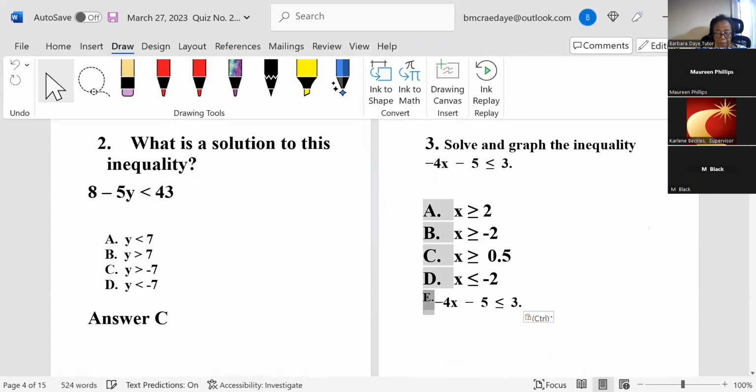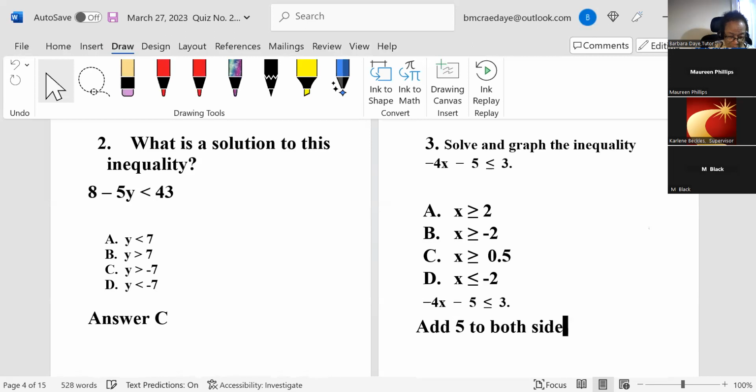I subtract 5 on both sides. You subtracted 5, but this is a subtraction. What's the opposite of subtraction? Addition. So what should you do then? Add 5 on both sides. That's it. Perfect. Add 5 to both sides of the inequality.